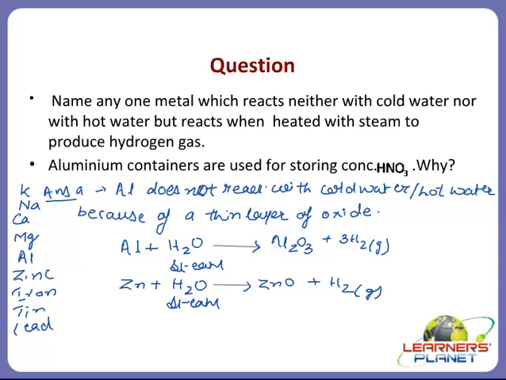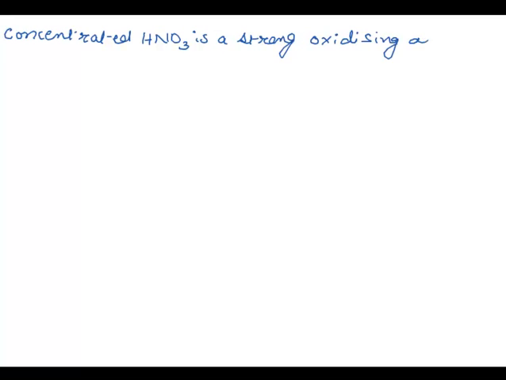Now we know, children, that concentrated HNO3 is a strong oxidizing agent. So what I can write here is that concentrated HNO3, nitric acid, is a strong oxidizing agent. So you can't store this anywhere.